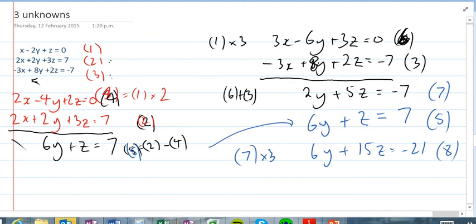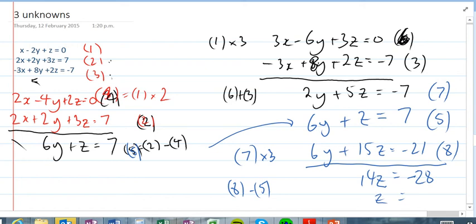Now I might do equation 8 take away equation 5. 6y take away 6y gives me 0. I get 14z is equal to minus 21 take away 7 is going to be what? Minus 28. That's right, minus 28. So z is going to be minus 2.